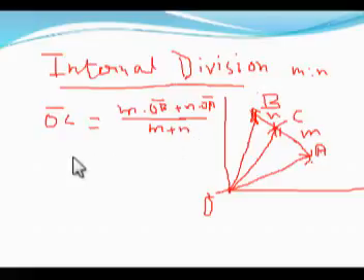So how can it be obtained? Look at this. Here I am giving the modulus of the vector AC and the modulus of BC.